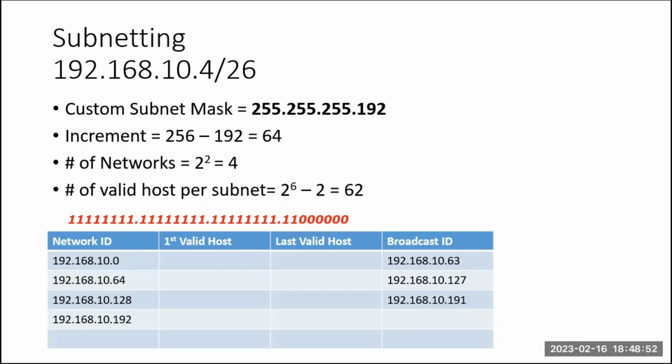And the last one, 192.168.10.255. The last one is always that 255, the very last one. Each of them is incremented by 64. If you check the number between them, you realize it's 64. So what's our first valid host?